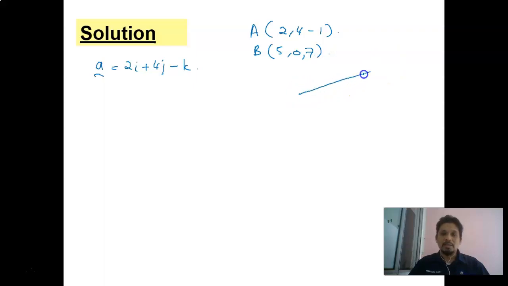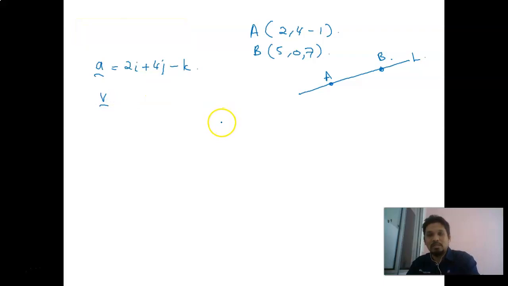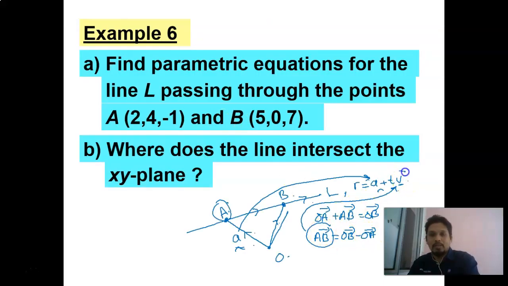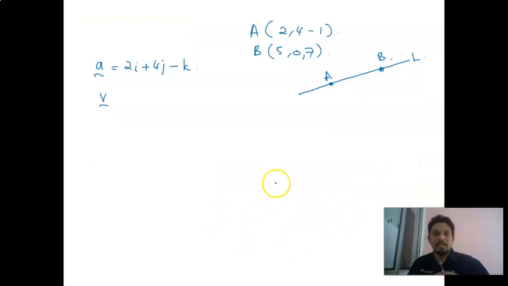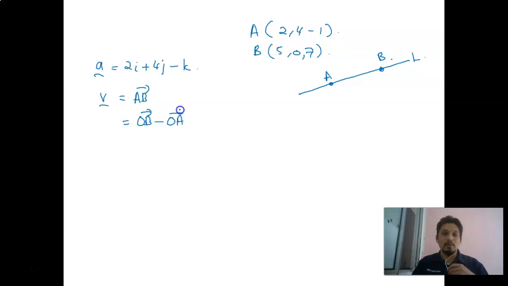Again I sketch the graph: here is A and here is B, and the vector v that I mentioned just now. We can use the vector AB, which is OB minus OA.